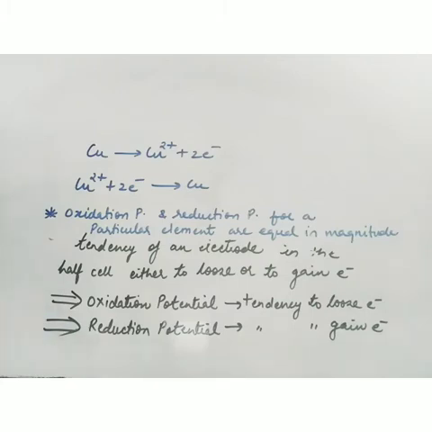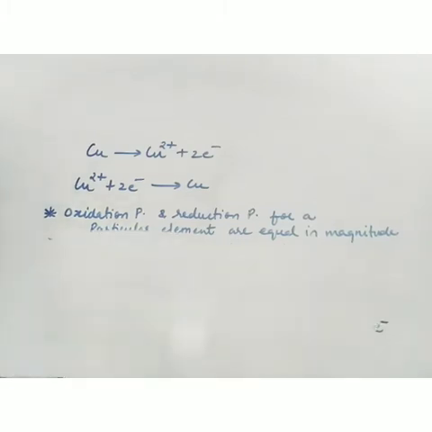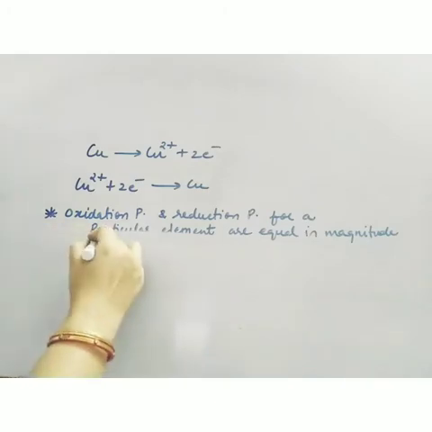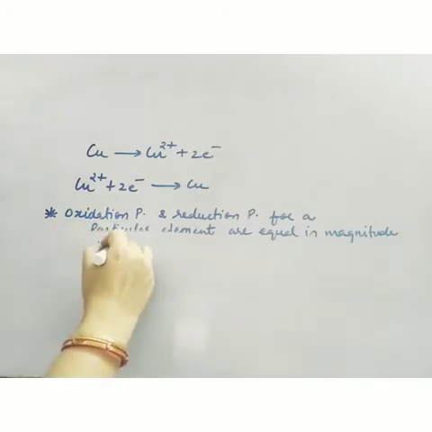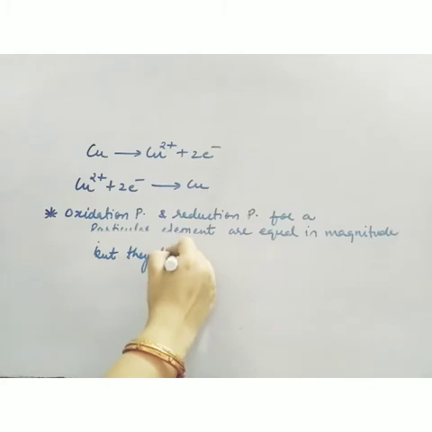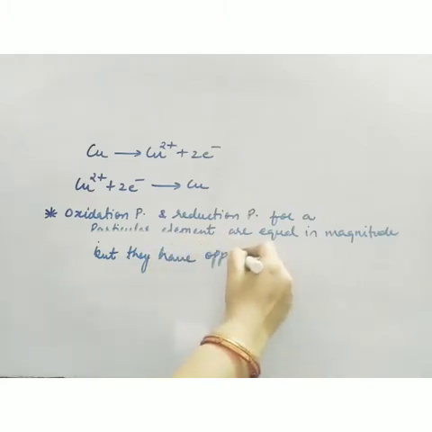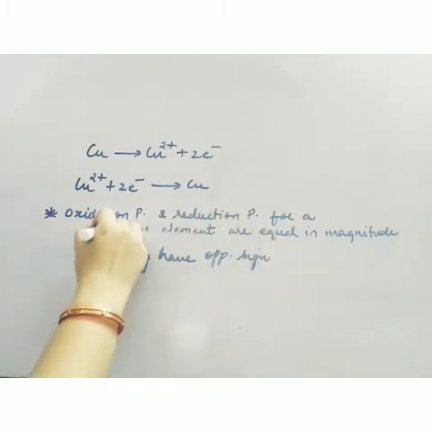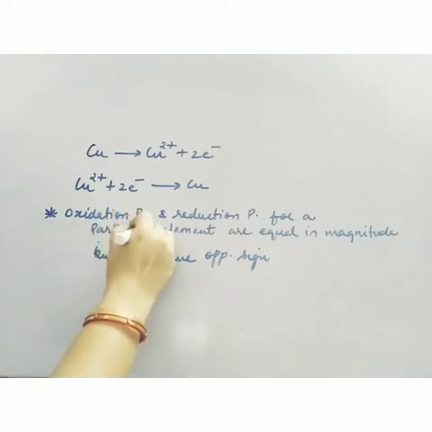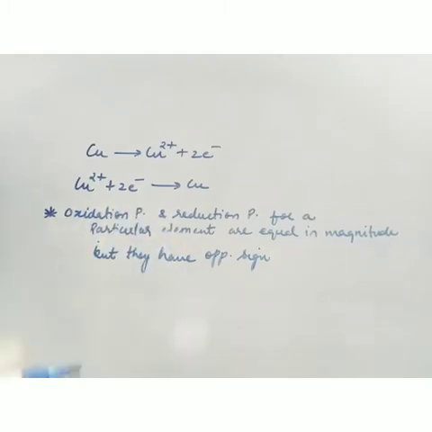Then how to differentiate? But they have opposite sign. Because here we calculate the value, we have a mathematical value here, so we put some sign. For example, for oxidation potential, if I am using plus, then for reduction I will be using minus, or vice versa. So oxidation potential and reduction potentials are always equal in magnitude for a particular element. It will never happen that an element is losing 2 electrons and gaining 1 only.